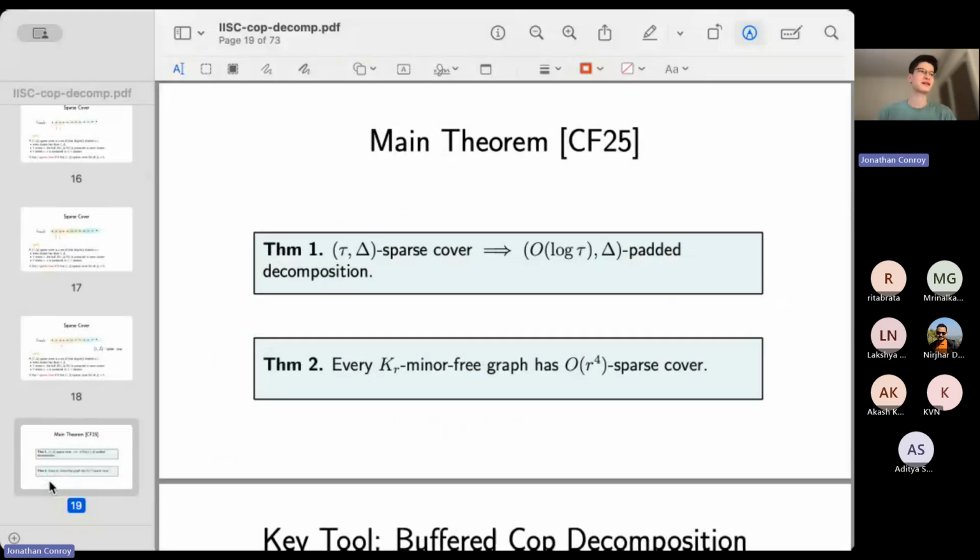So to get our padded decomposition, we take this detour through sparse cover. We show that given a sparse cover, we can construct a padded decomposition. Specifically, if we have a tau delta sparse cover, we can construct a log tau delta padded decomposition. And then we show that minor-free graphs have sparse cover with polylog sparsity.